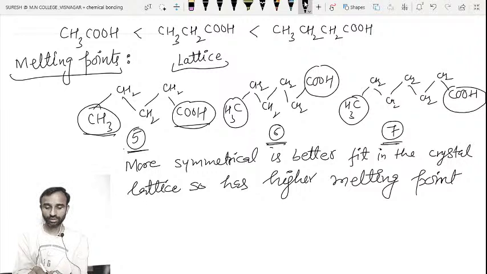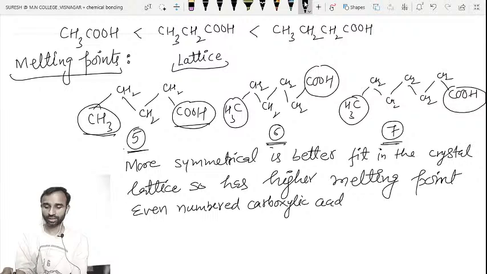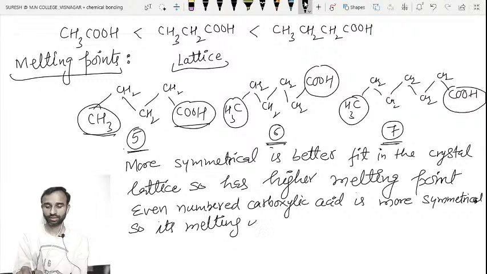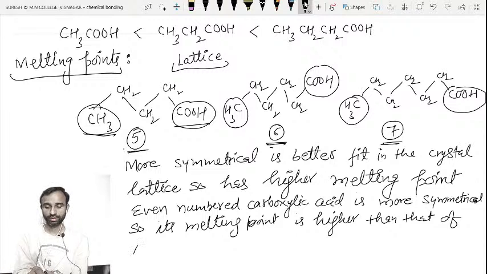That means even numbered carboxylic acid is more symmetrical, so its melting point is higher than that of its immediate lower and immediate higher members.